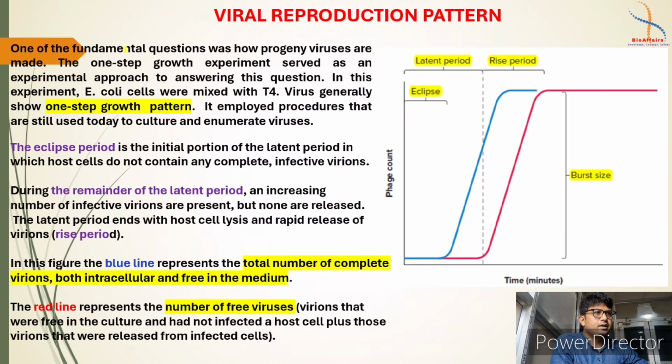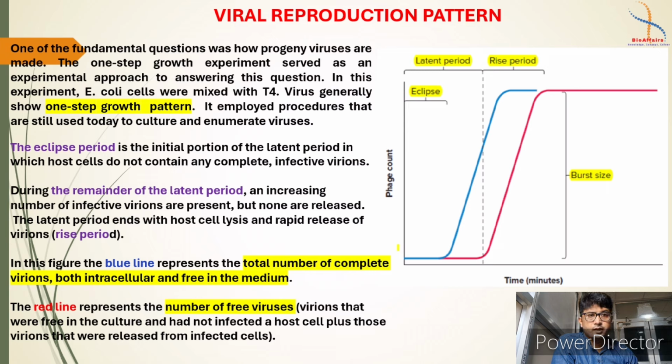Now the viral reproduction pattern, this graph as you can see here. It looks like the growth curve of bacteria, but there is a huge difference between a viral and a bacterial growth curve. If you are culturing a bacteriophage in in vitro conditions, you will clearly observe this graph.